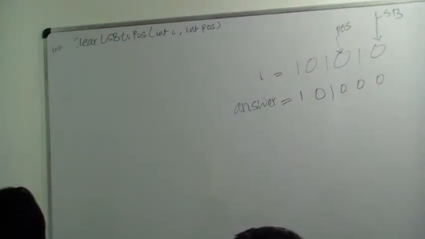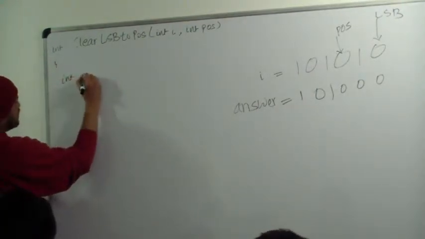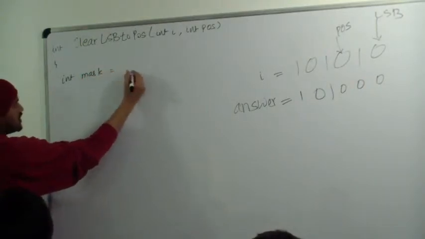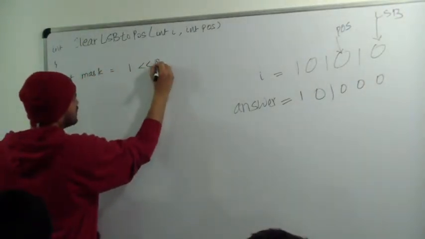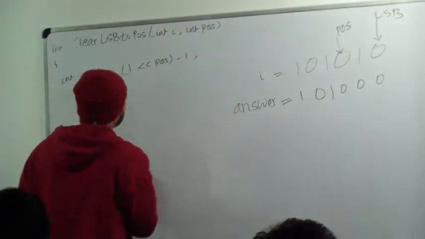Same mask, just negative. You sure? Same mask, negate it. So mask position will be 1 minus, I guess. So let's say you have int, same mask will look something like 1 left shifted position times and then minus 1, correct? Then negate it.